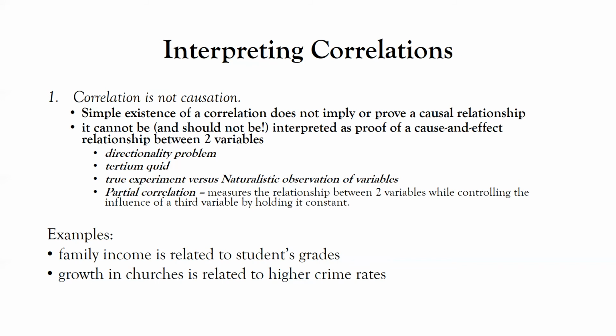It does not mean that as more churches are erected in a place, the crimes committed in such place increase, that churches cause the increase. I think I gave the reason why: it turns out a tertium quid, a third variable explaining the relationship, is the increase in the population.